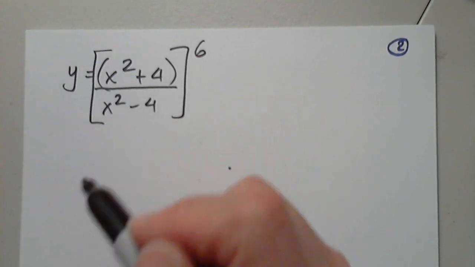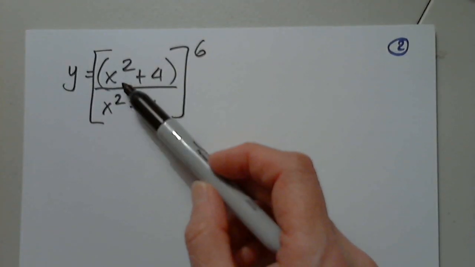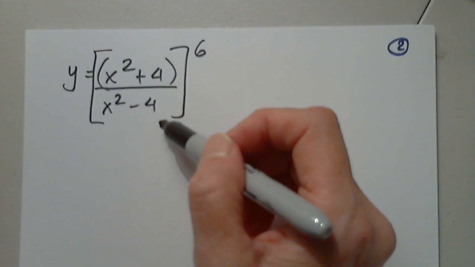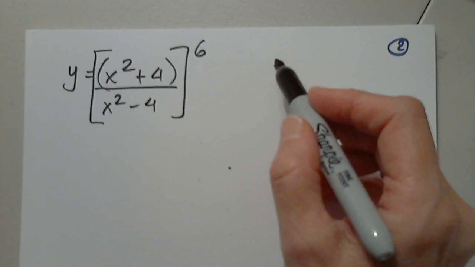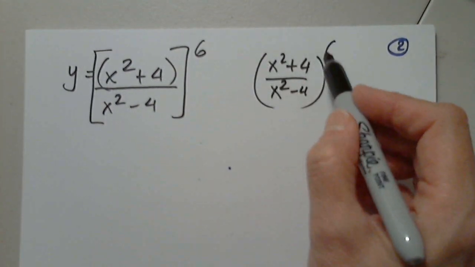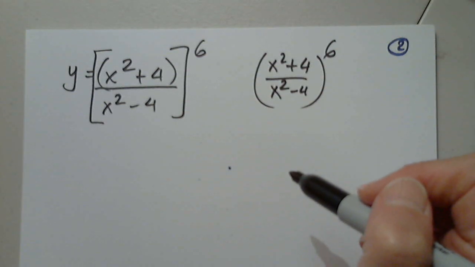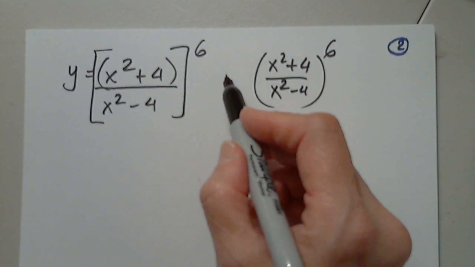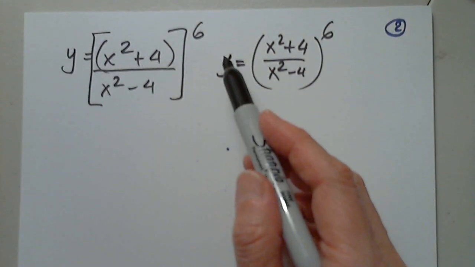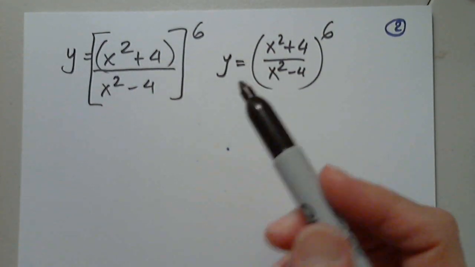Is it like this? Yes, to the 6th power, yes. Perfect. Okay, good. So this is our y. So we're asked to find dy over dx, correct? Or y prime. Okay, perfect.